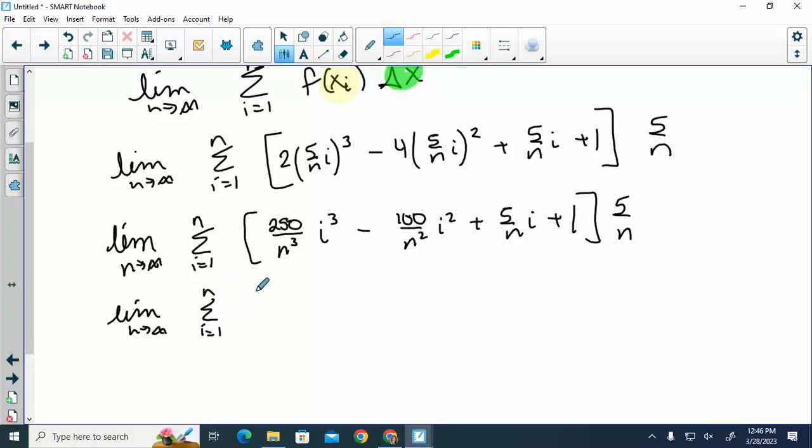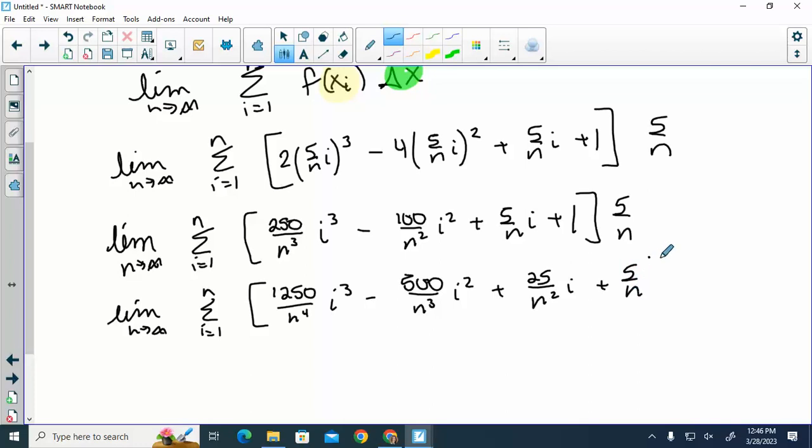I'm going to distribute my 5 over n now. So 250 times 5 would be 1,250 over n to the 4th i cubed minus 500 over n cubed i squared plus 25 over n squared i plus 5 over n.